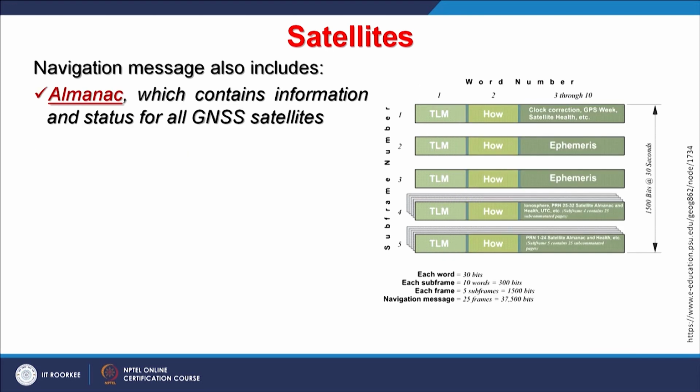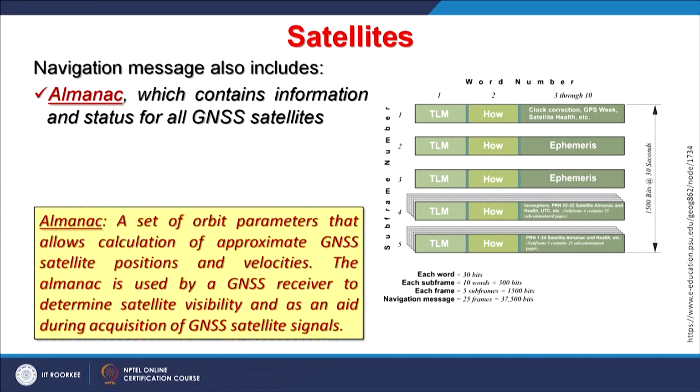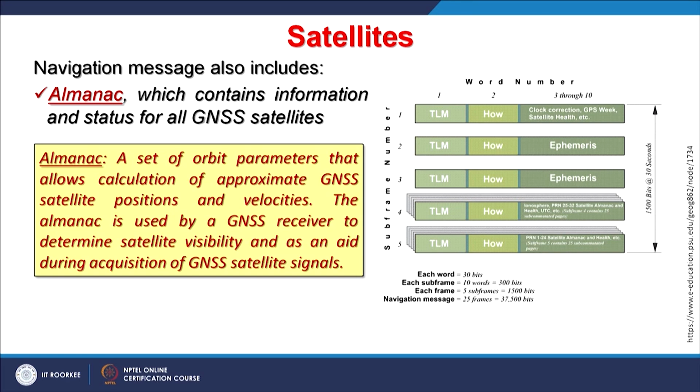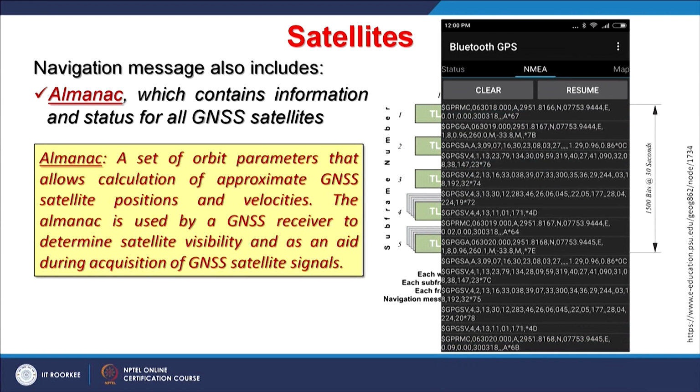The navigation message also includes the almanac, which contains information and status of all GNSS satellites. The almanac is again a set of orbital parameters that allow calculation of approximate GNSS satellite positions and velocity. The almanac is used by the GNSS receiver to determine satellite visibility, as an aid during acquisition of satellite signals.